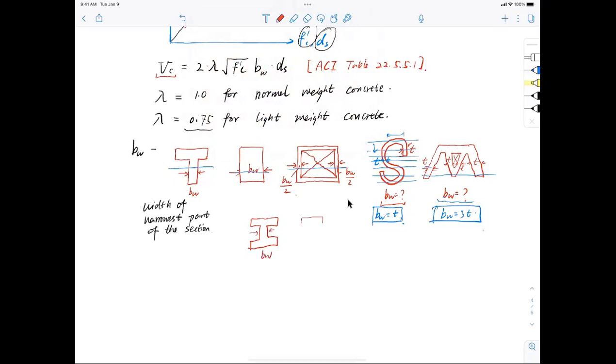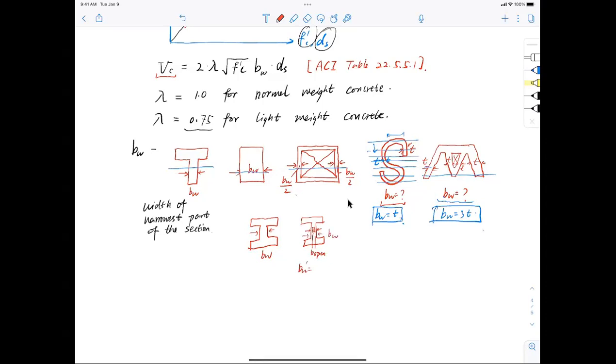But if I have an irregular section, like we mentioned last time, when I have an opening, and unfortunately, if I have to do an opening in the middle, which is a big no-no, but just in case, I have to stuff a duct there to get my water through it, right? So the BW will be the narrowest, right? So if the opening has a width of B opening, BW would have to equal the original BW.